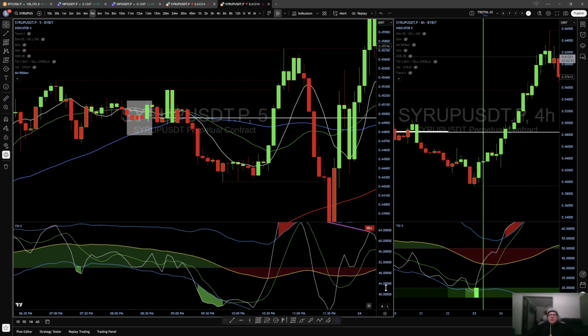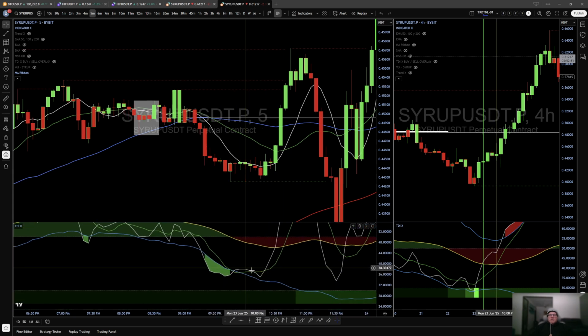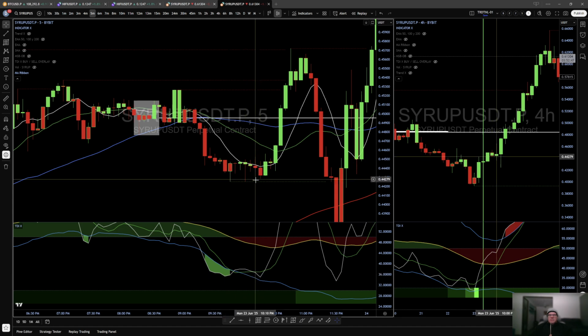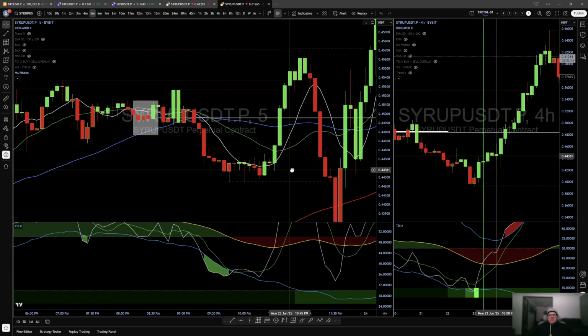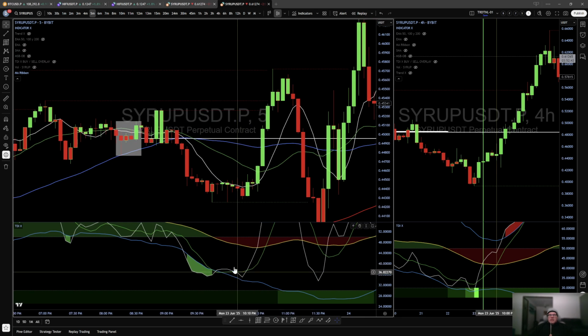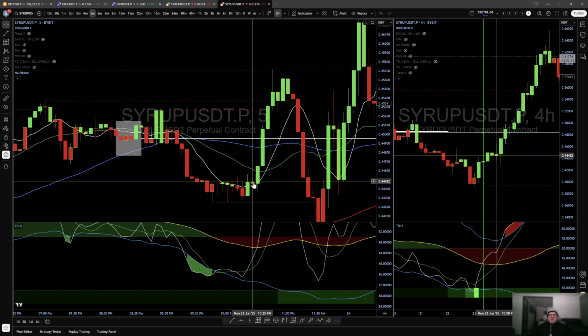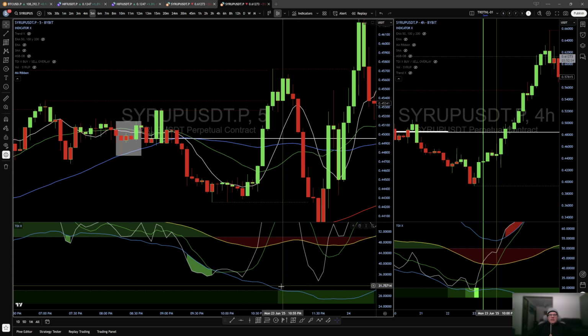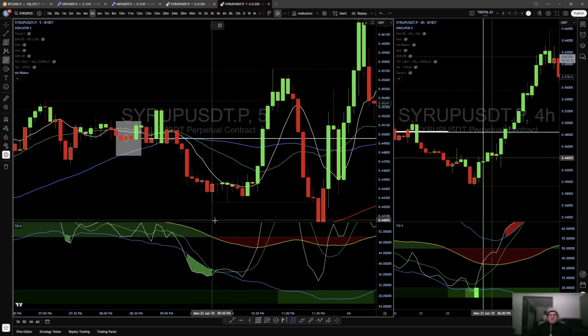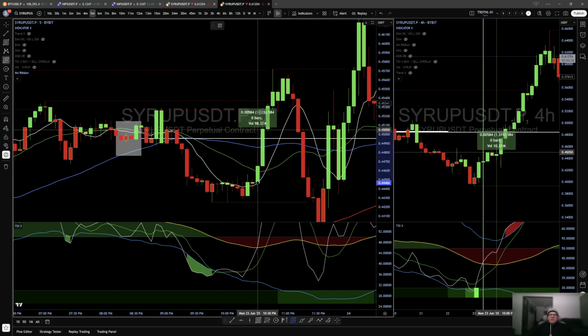It could have happened when you have one like this. Even here, it shows you things you want to watch out for, like when the fast MA starts to curve down while price is going sideways. So I would have been checking my MAs, and then if price gets above it, right there, you could have entered here for your delayed shark fin trade, and you could have taken it to here.